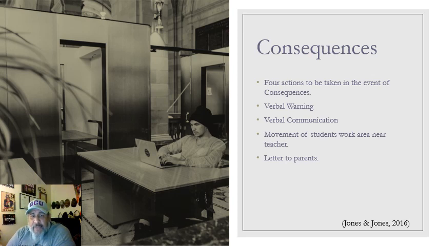If the student fails, and we're going on to the next one, if the student fails to adhere to the teacher's response, the student will be moved to a dedicated place in the classroom, preferably near the teacher. So the student understands that they're under a watchful eye.